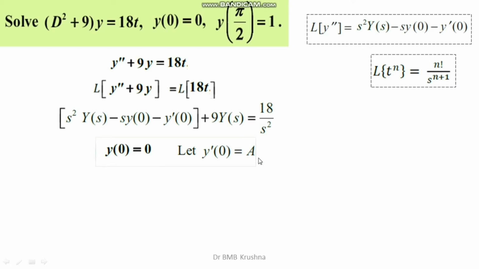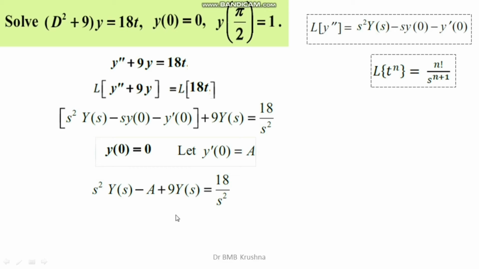Now substitute these initial conditions in this equation. s square Y of s minus s times y(0), y(0) is 0, that is why the second term is ignored. Minus y dash of 0 is the generalized constant a, that is why we have minus a plus 9Y of s. There is no change in the last term, that equals 18 by s square.